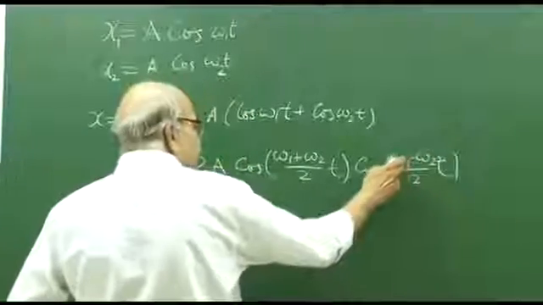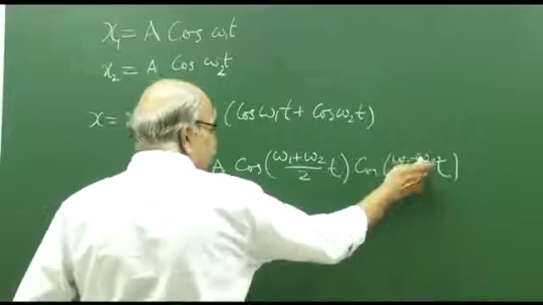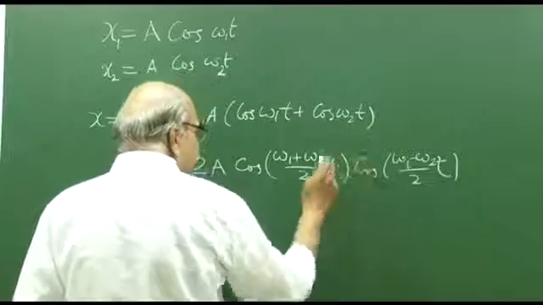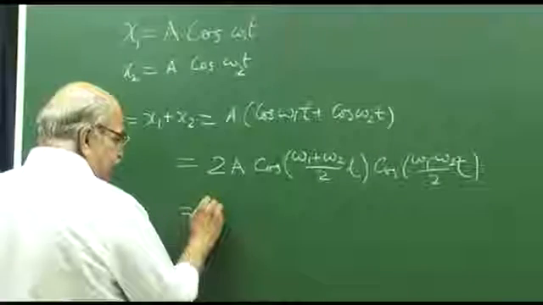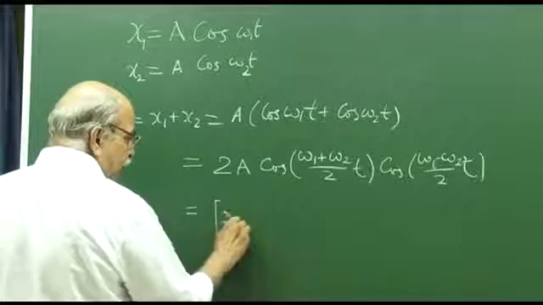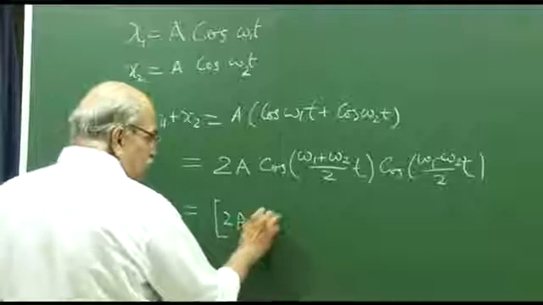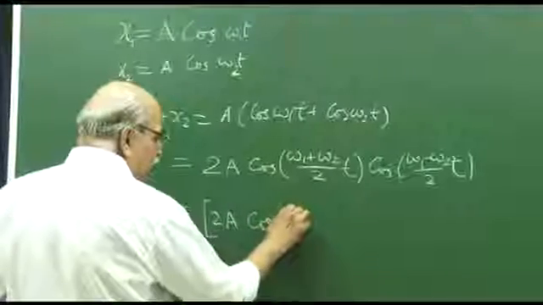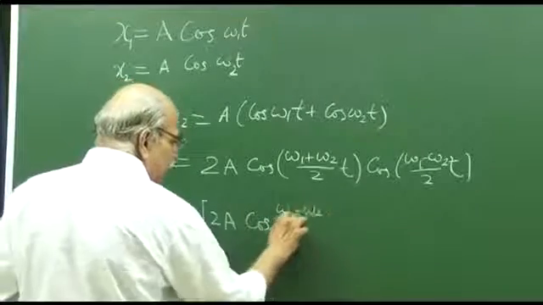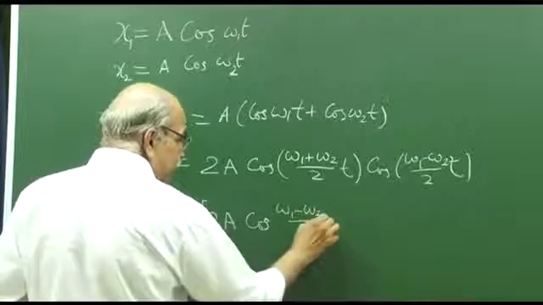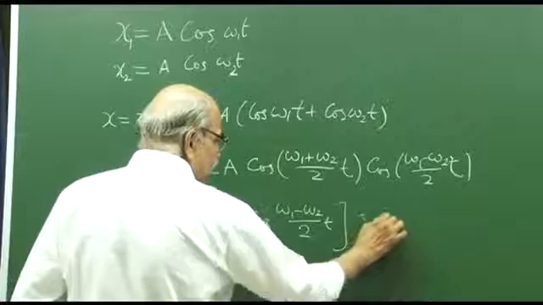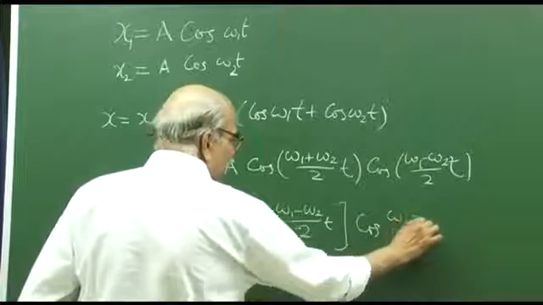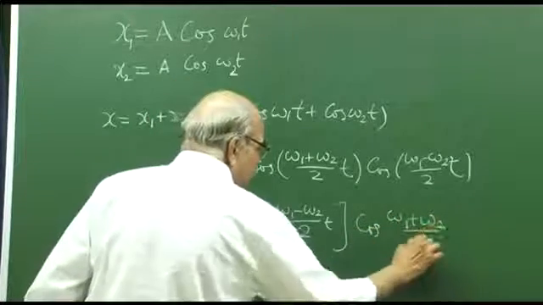Whether it is omega 1 minus omega 2 or omega 2 minus omega 1 does not matter, it is cos. Now, let me rewrite this as 2a cos of (omega 1 minus omega 2)/2 t, and then this factor cos of (omega 1 plus omega 2)/2 t.